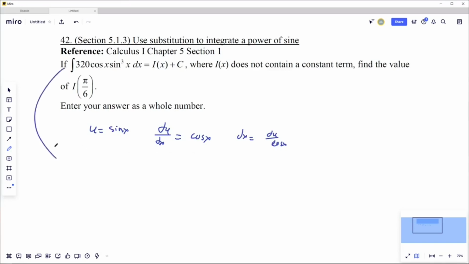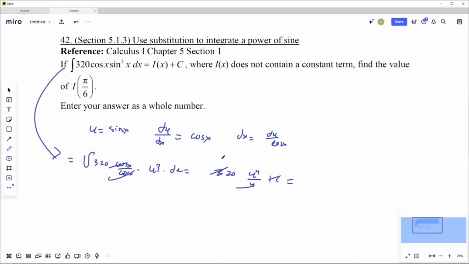And if you go back to the equation, you have the integral of 32 cosine x over cosine x times sine. We said sine of x is u, so u cubed times du. This and this cancel, so you are left with 32 times the integral of u cubed, which is u to the power 4 over 4 plus c. 4 and 32 cancel.